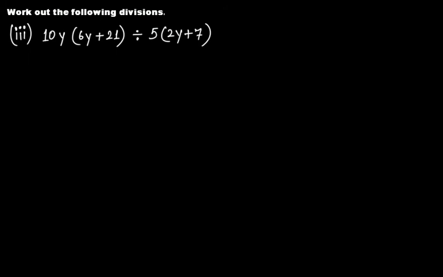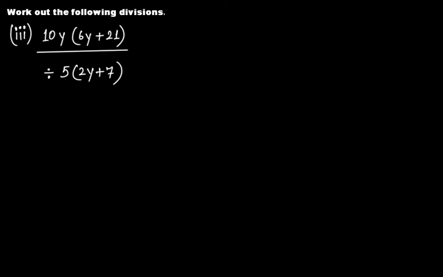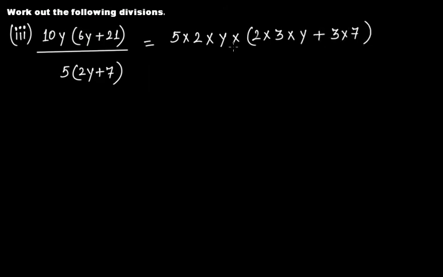This is 10y multiplied by 6y plus 21 and divided by 5 multiplied by 2y plus 7. So this is equal to 10, let's write it as 5 multiplied by 2 multiplied by y, and this is multiplied by, write it as 2 multiplied by 3 multiplied by y plus 3 multiplied by 7, and from this you get 5 multiplied by 2y plus 7.